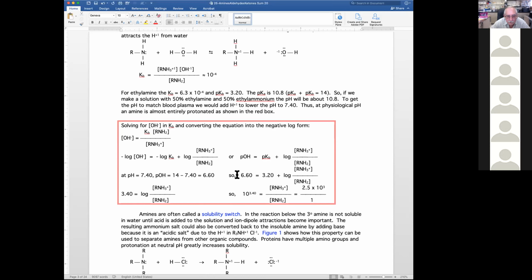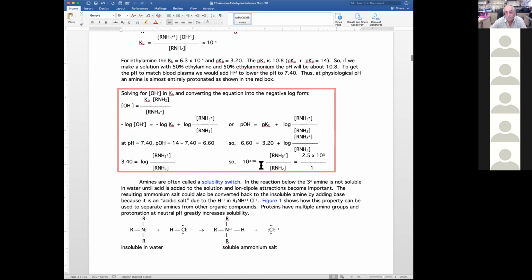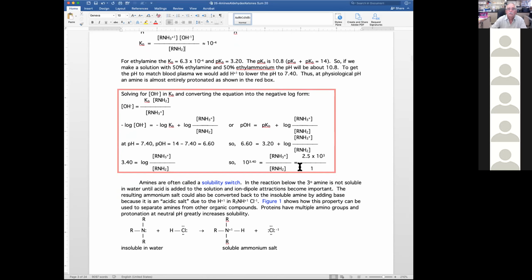So essentially what it means is that if you go through the math over here, at pH 7.4, the ratio of protonated to unprotonated would be about 25,000 to 1. What does that mean?